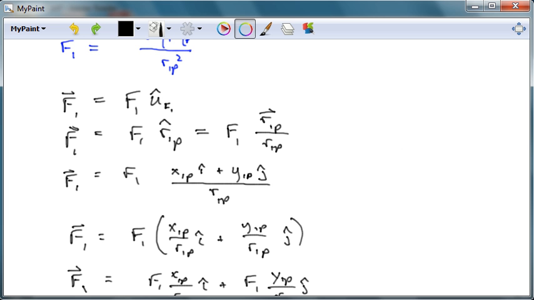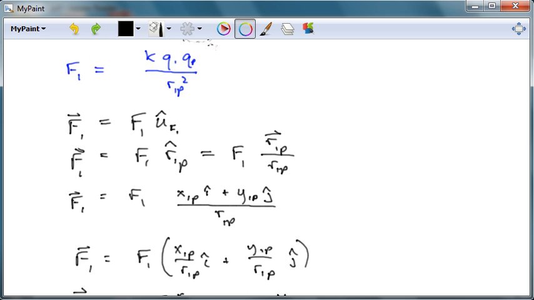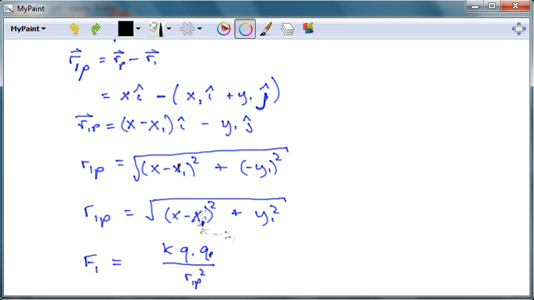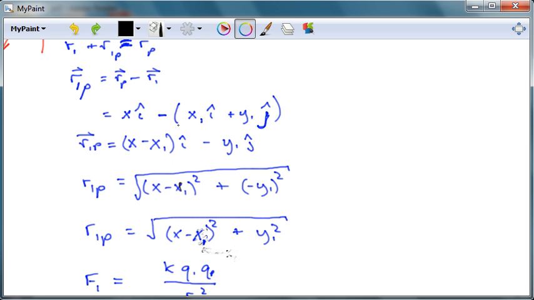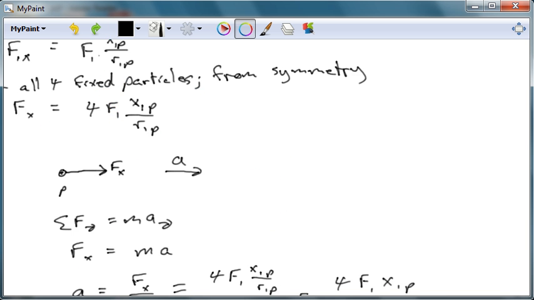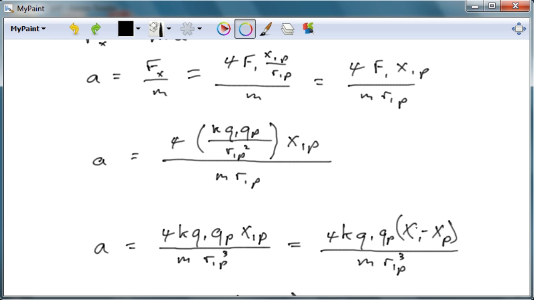Yeah, I think for R1 to p, I started using this notation right here, the x1p, and the x1p represents x minus x1. So that was a copy error.